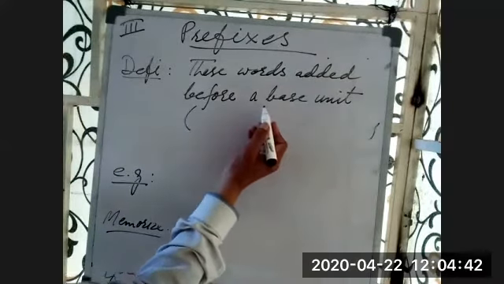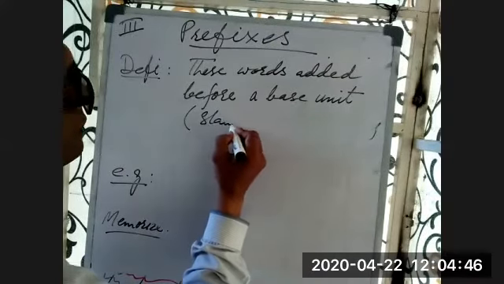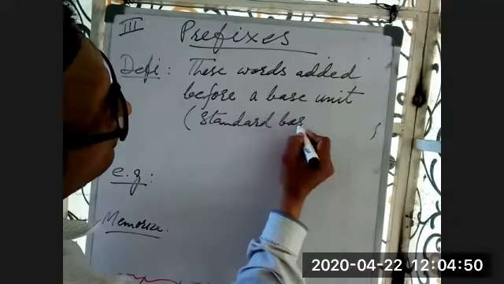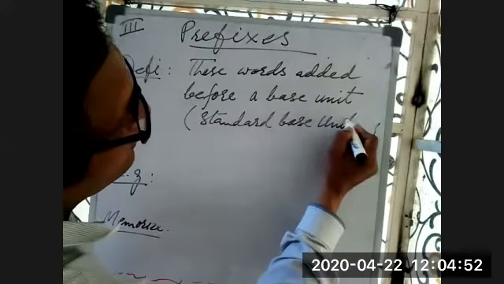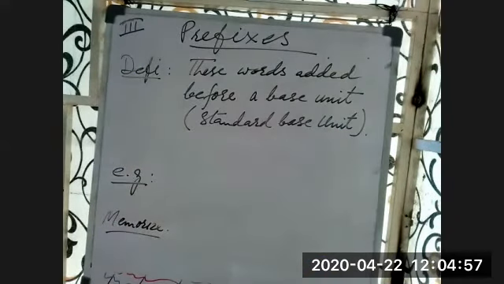There are many base units, but especially the standard base unit. The words or letters added before base units, especially standard base units, are called prefixes.